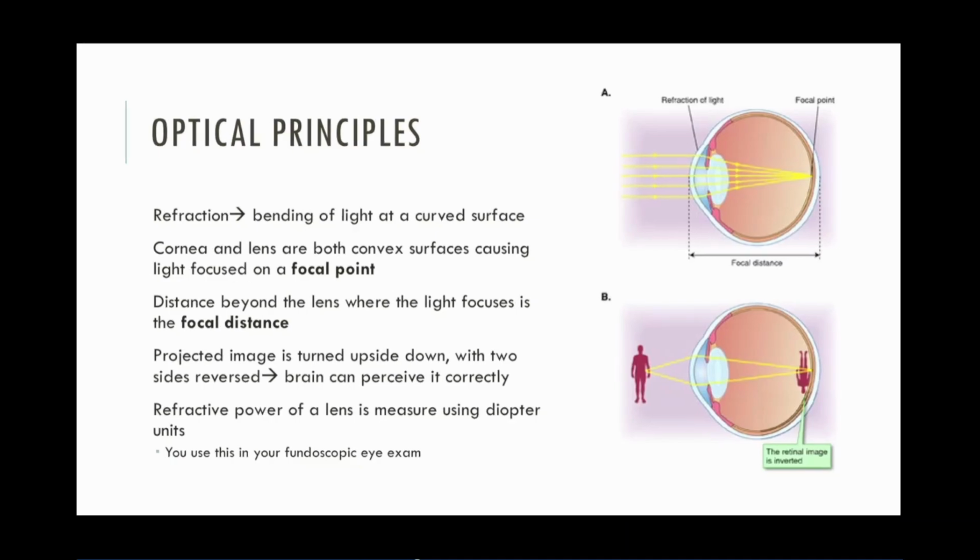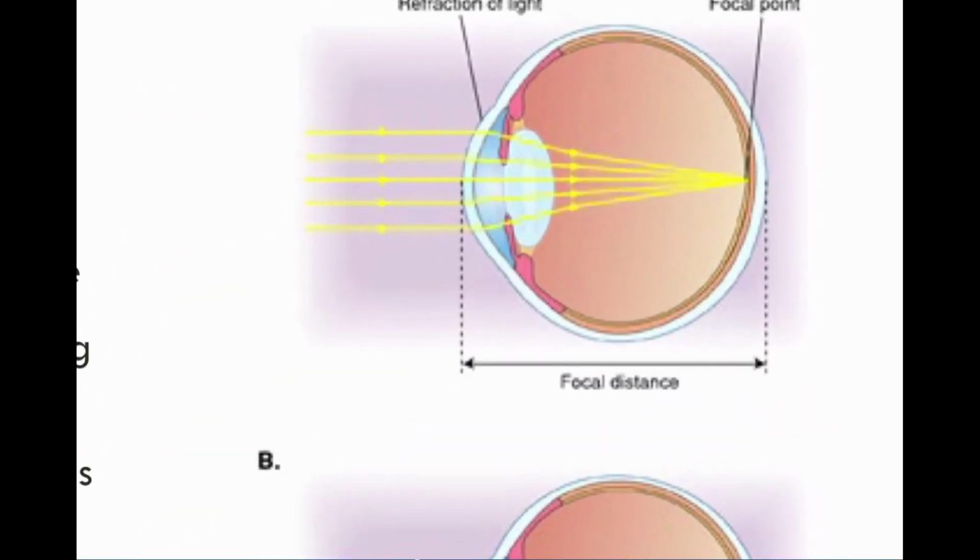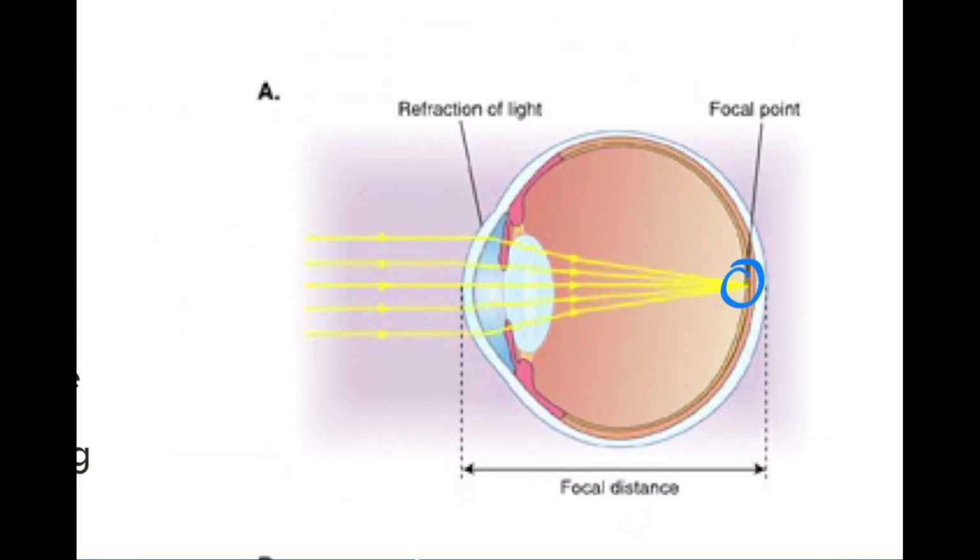So there is some refraction going on. Because we have a curved surface and we're going through liquid, we get some refraction. So we have this thing called refraction of light, and we have our focal point. If all the light sources are able to converge on one point in the correct location of the retina, then you have good vision. If you can't see far or you can't see near, this focal point is in the wrong place.